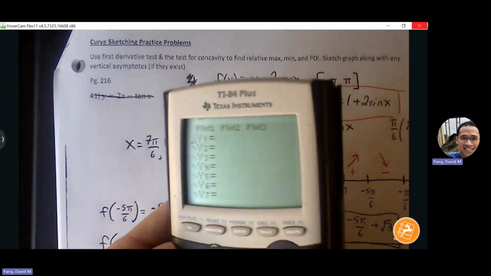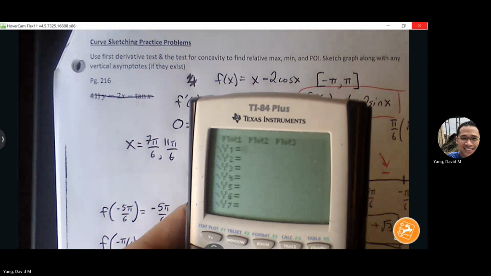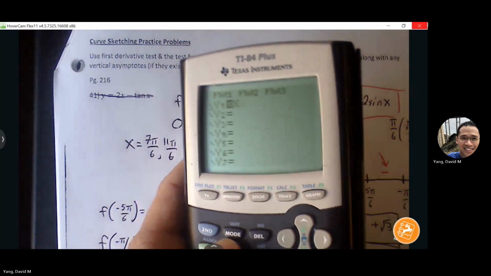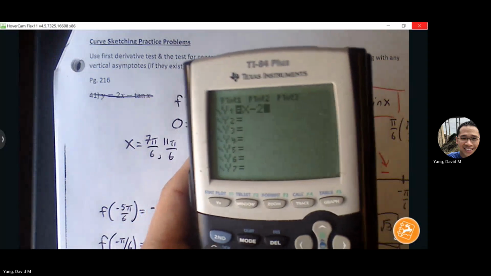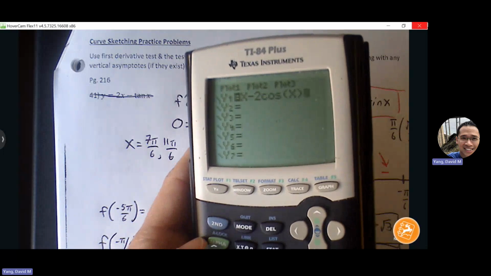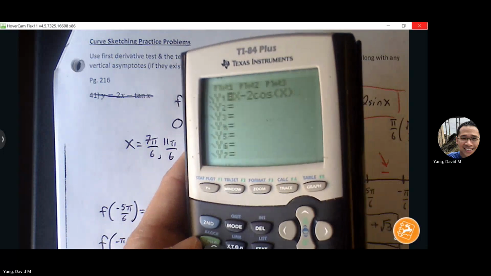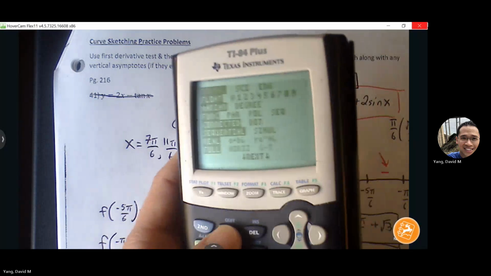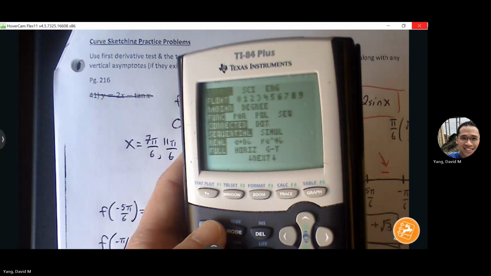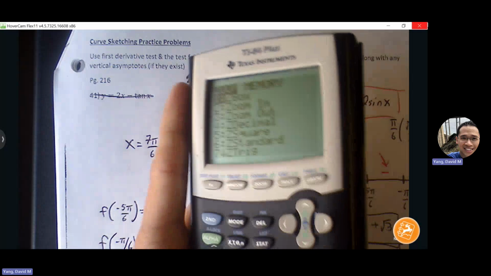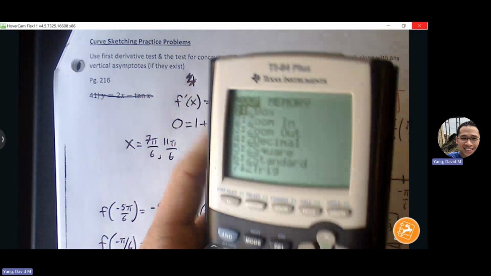We'll type in x minus 2 cosine x. Make sure that you are in radian mode. I like to do zoom 6 just to kind of get that standard window going.